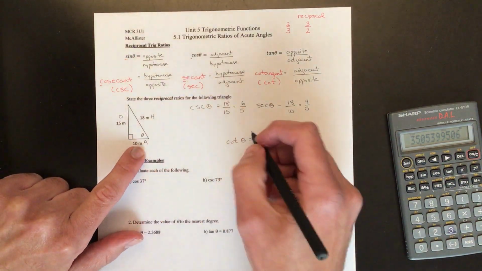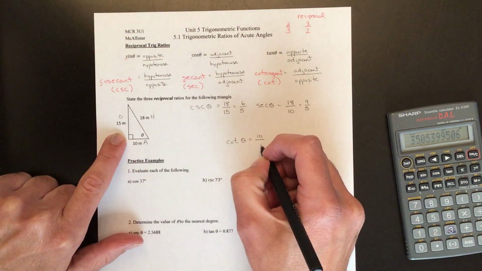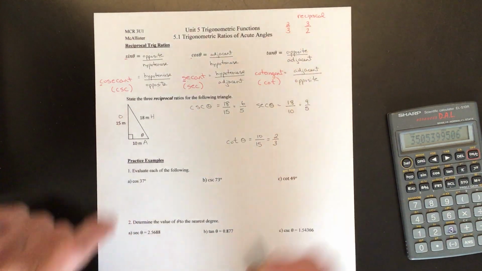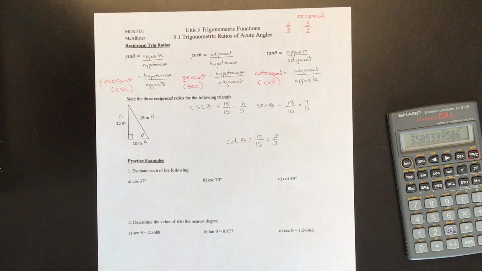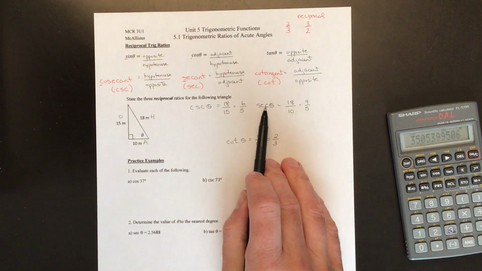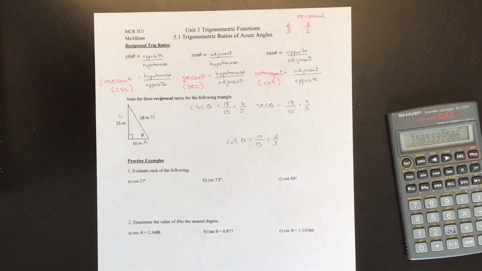So now adjacent over opposite. And in lowest terms, 2 over 3. So reciprocal trig ratios, cosecant, secant, and cotangent, are just flipped versions of the primary trig ratios. And just a matter of remembering, cosecant's with sine, secant's with cos, and cotangent is with tan.